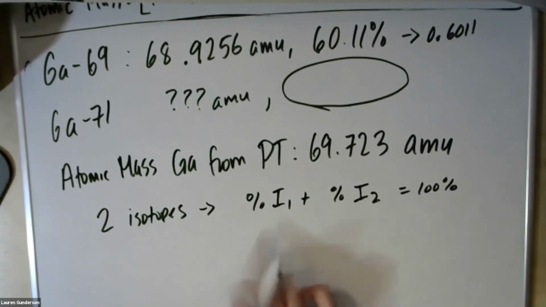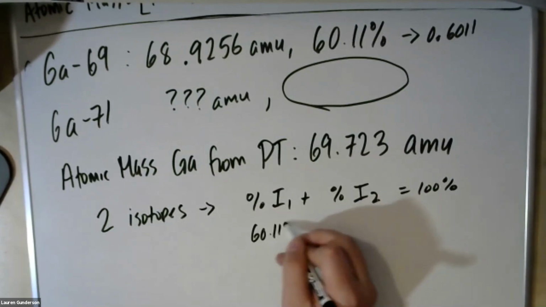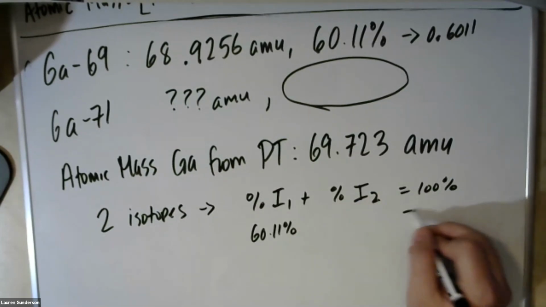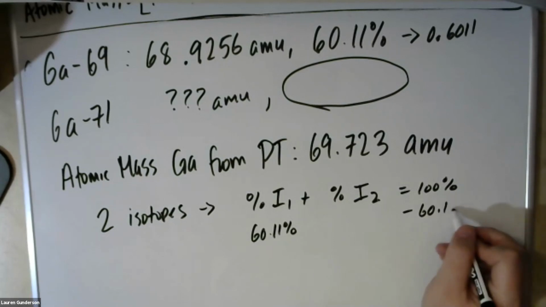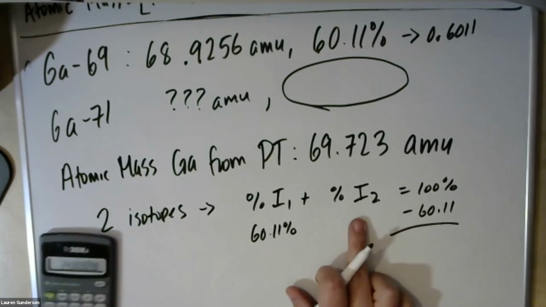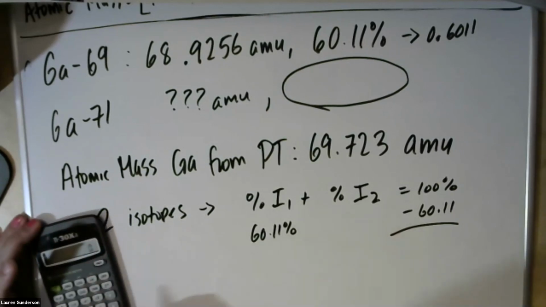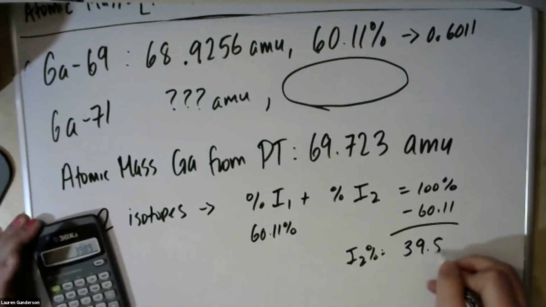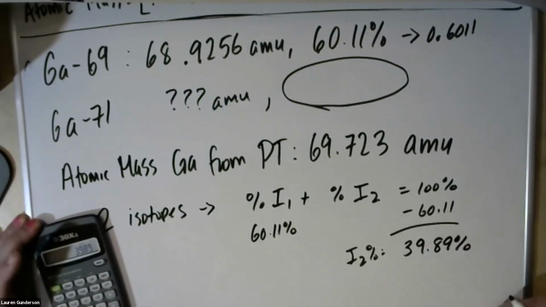So if I know that isotope 1 is 60.11%, and I know that it has to add up to 100%, I can subtract 60.11 from 100, and that'll tell me what the percentage of my other isotope is. So my isotope 2 percent is going to be 39.89%. And I can turn that into a fractional abundance of 0.3989.